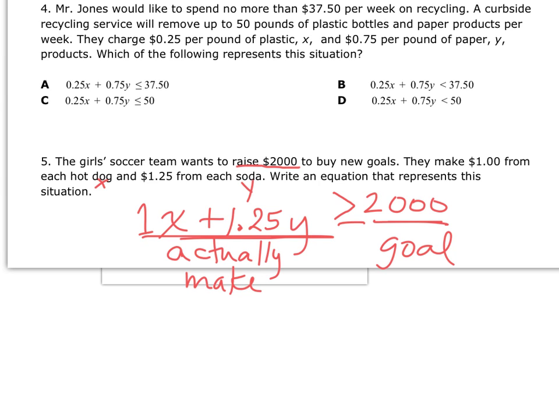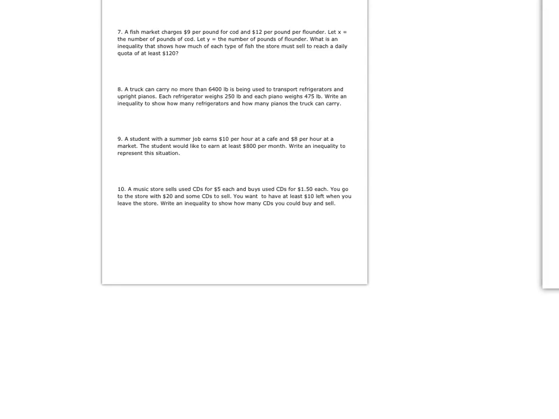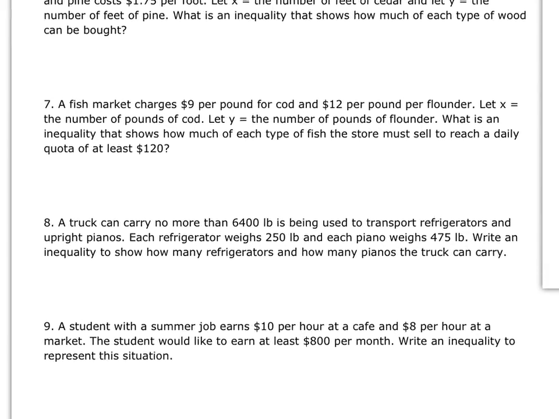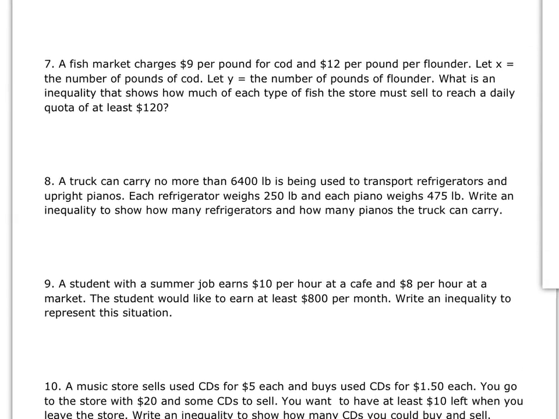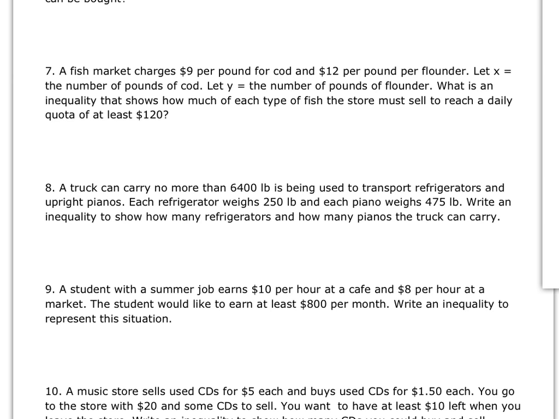So now we can take a look at 7. There we go. Number 7. 7 says, a fish market charges $9 per pound for cod and $12 per pound for flounder.